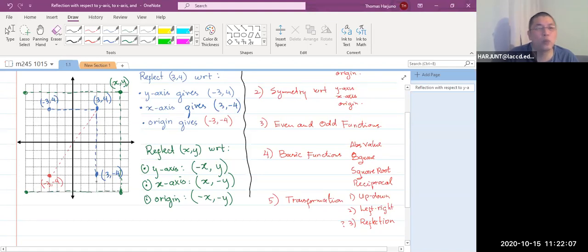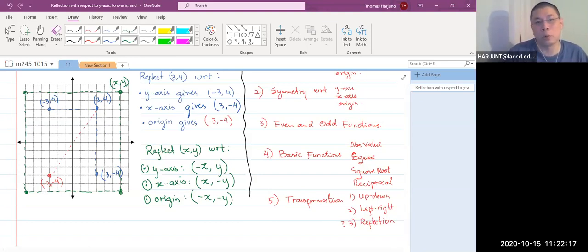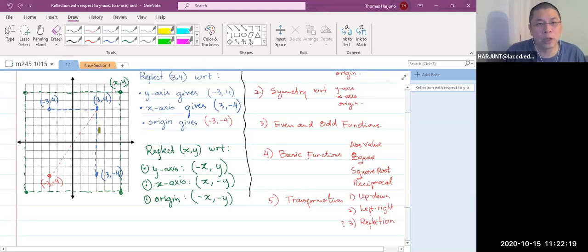Now, reflection with respect to origin can also be said as rotation. Rotate 180 degrees with respect to the origin. So suppose I have a rectangle like this rectangle. Okay, and then I reflect that with respect to the origin, I will get this rectangle.